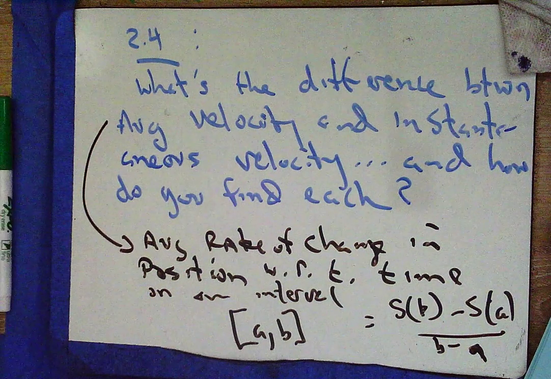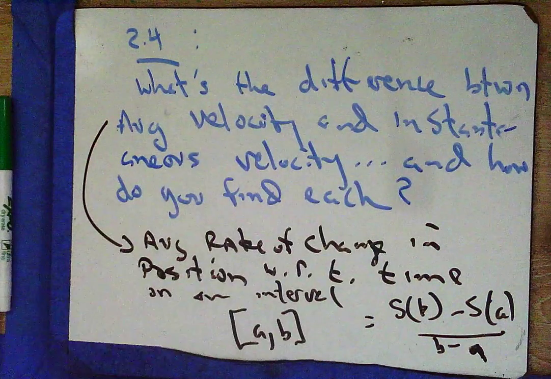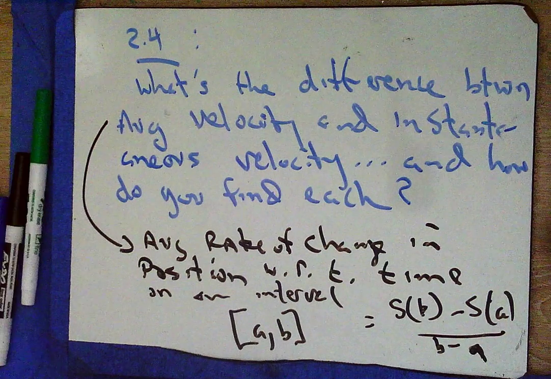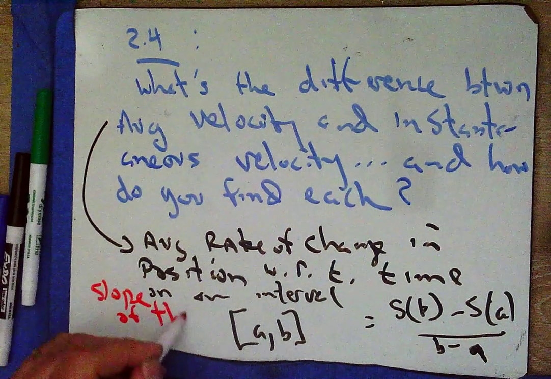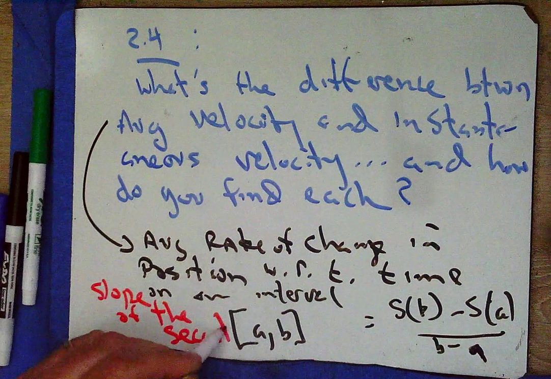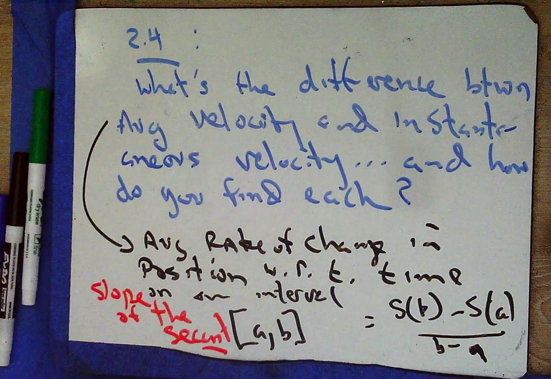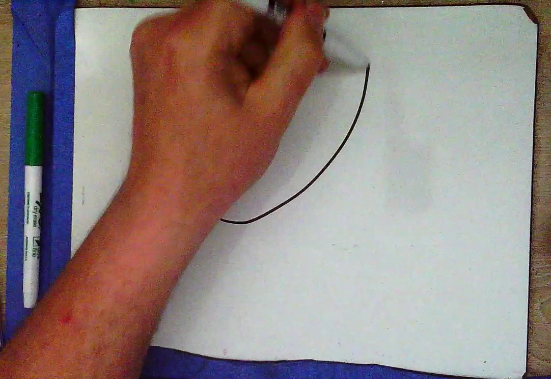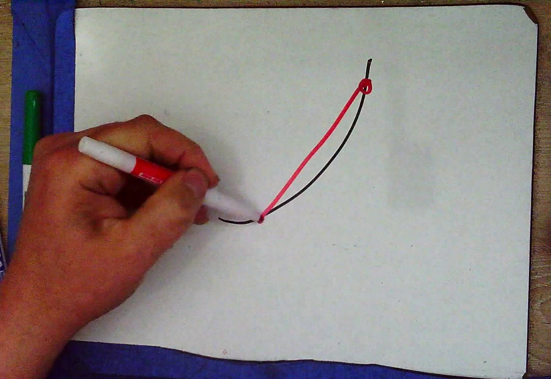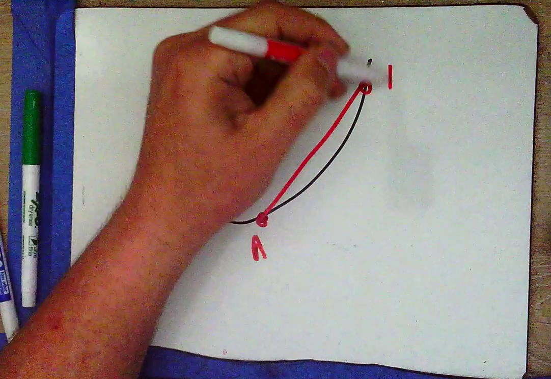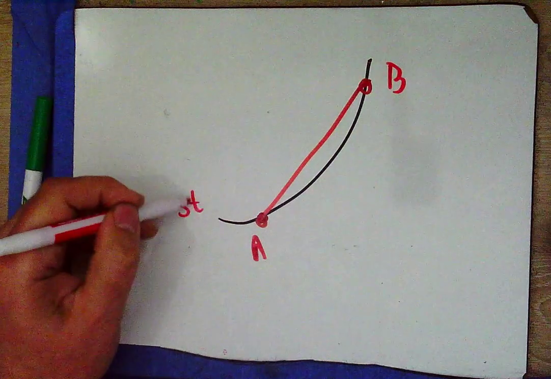Okay. So we often describe that as the slope of the secant. When I think about a graph, a secant line touches a curve in 2 places. So A, B, here's my position function.